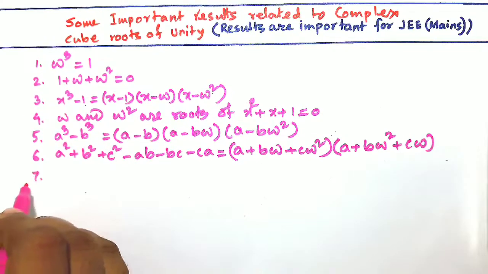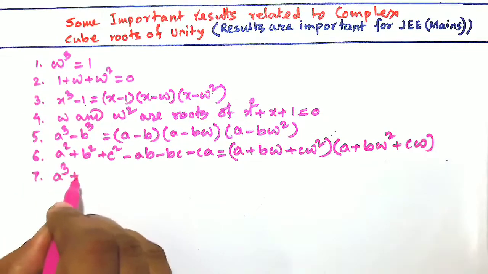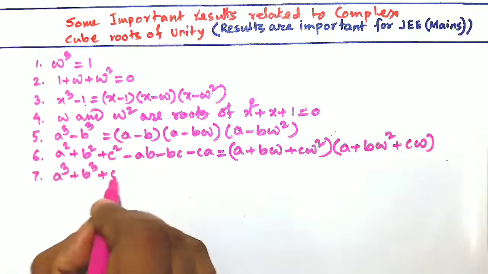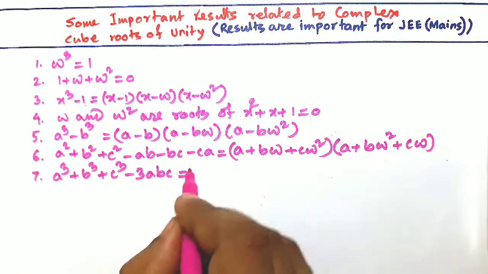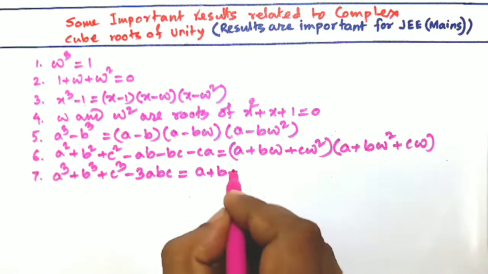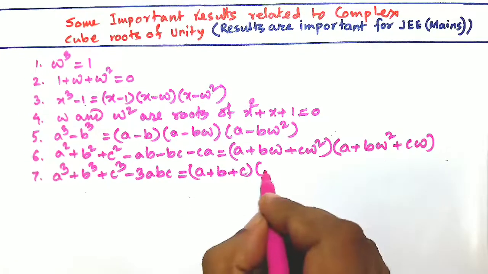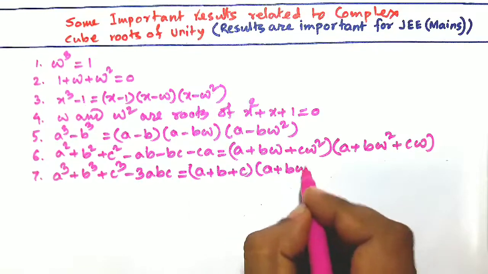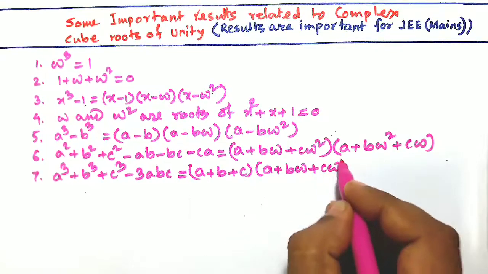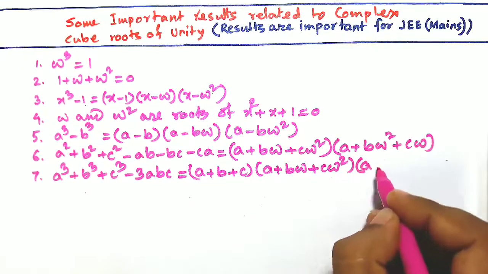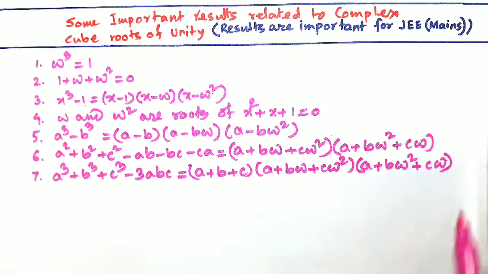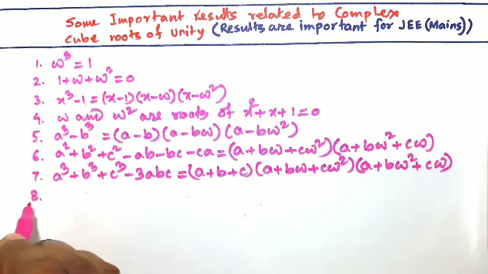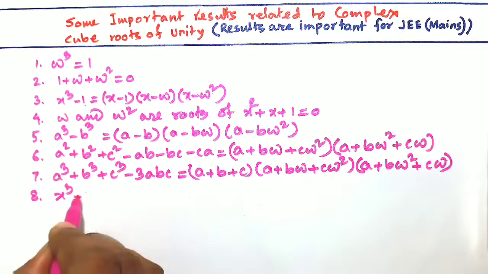Seventh one is a cube plus b cube plus c cube minus 3abc is equal to (a plus b plus c) into (a plus b omega plus c omega square) into (a plus b omega square plus c omega).